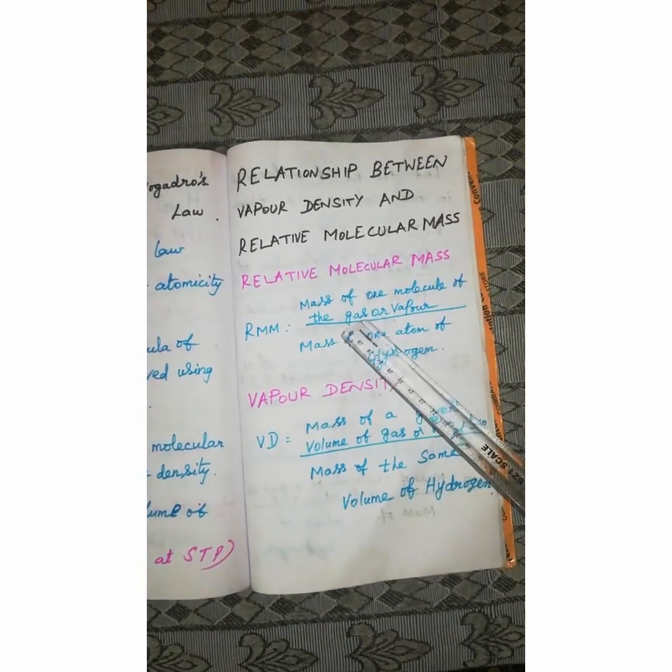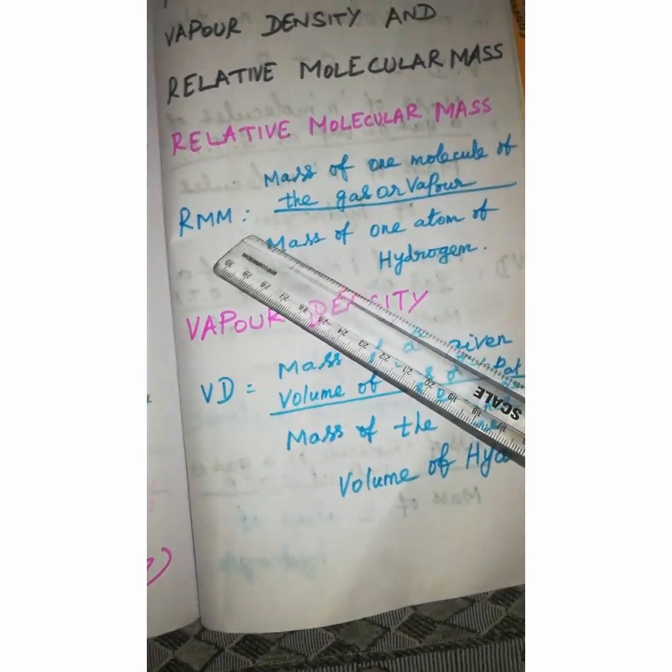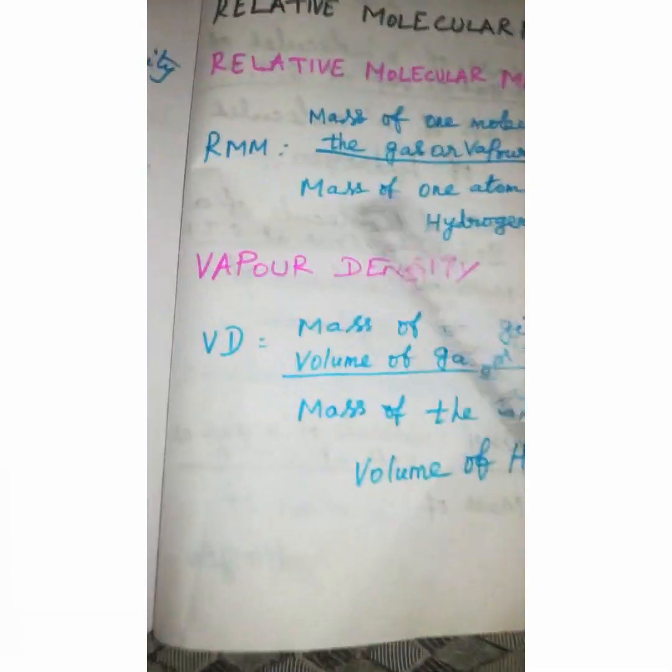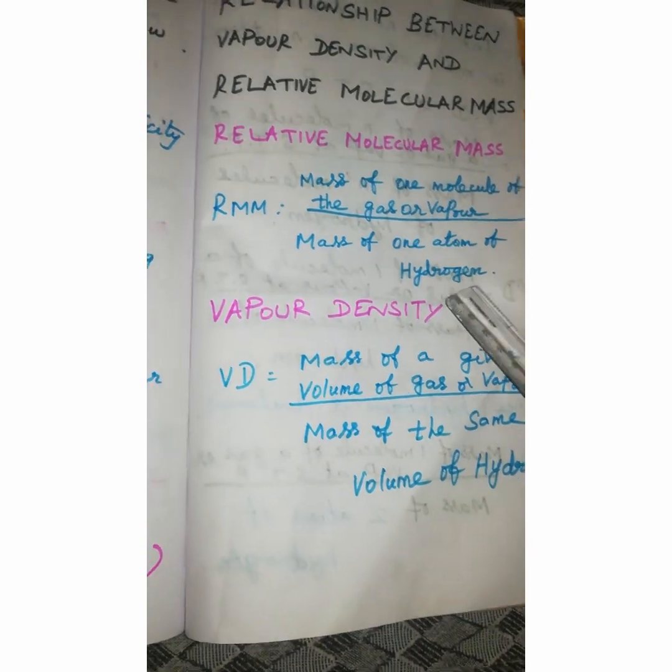Then how to write the definition? Relative molecular mass is the ratio. Division means we have to write in words, the ratio. So it is the ratio between mass of one molecule of gas or vapor to the mass of one atom of hydrogen.